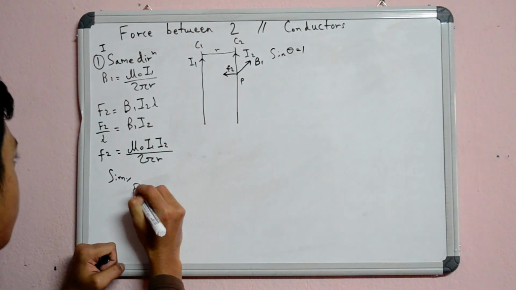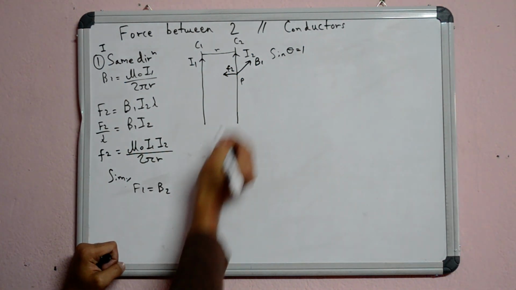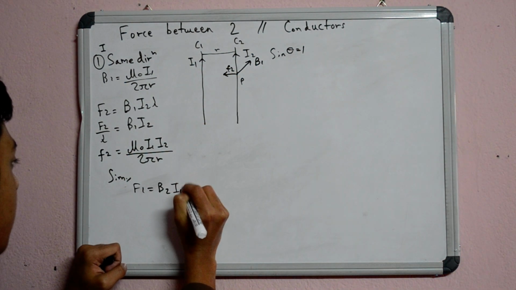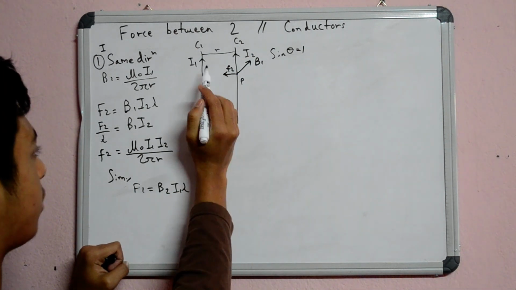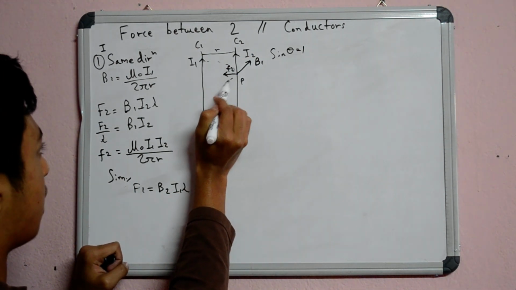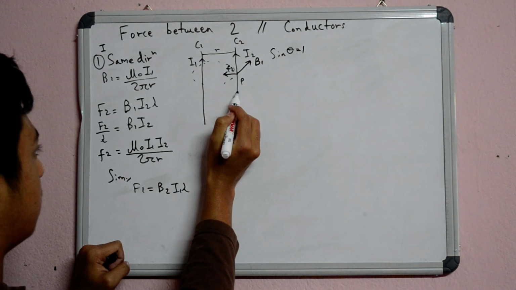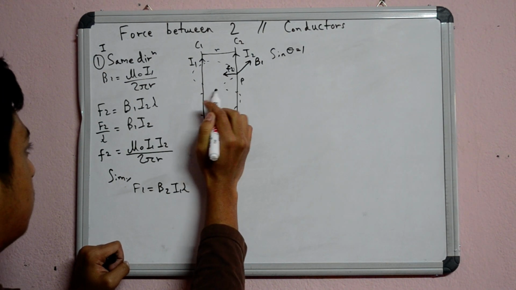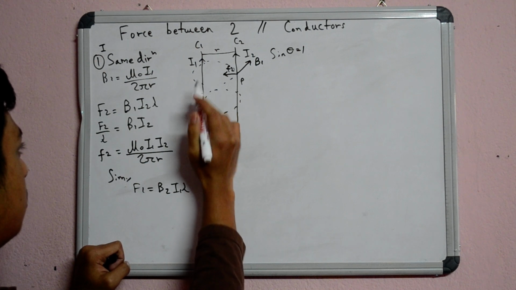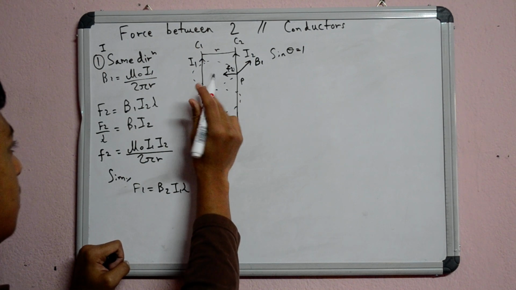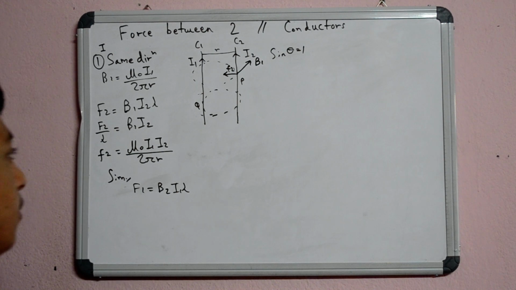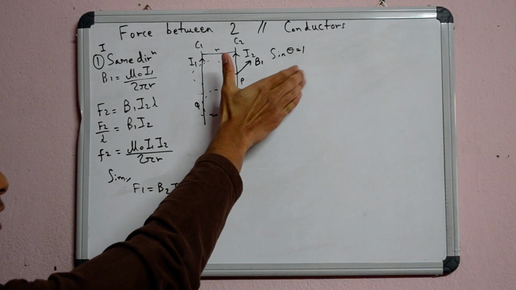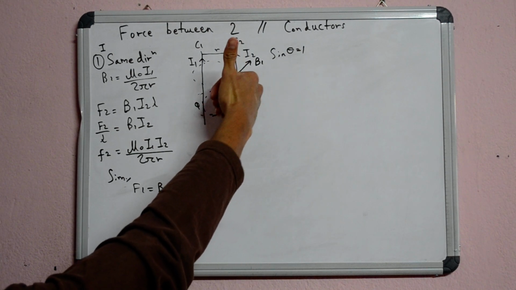Similarly, F1 will be equal to B2 I1 L. And here you can also draw a magnetic field like this, at point Q, due to this current I2 at a point Q on conductor C1.